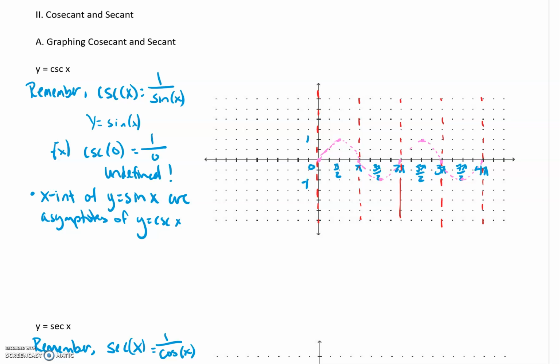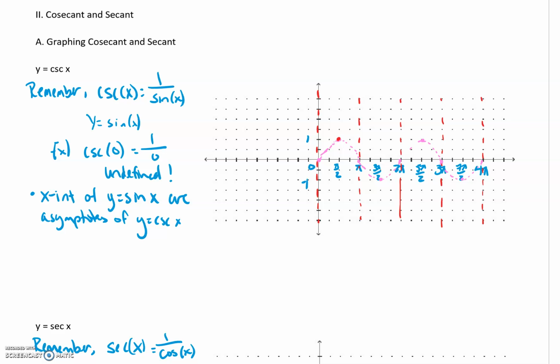So then we can draw in those dashed vertical lines. And then to finish off the graph, it's actually super easy. These maximum and minimum values on each of these humps are going to be points on our cosecant graph. And what we're going to do is we're basically going to draw u's. So we want to flip it, right? Because we're doing the reciprocal, 1 over sine x.